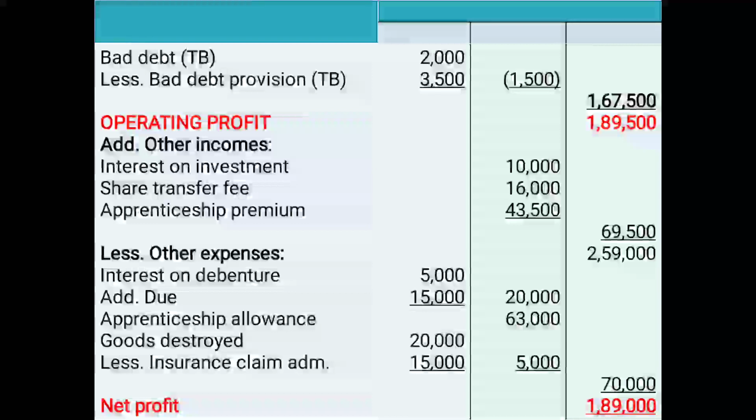So at this moment actual goods destroyed loss is taka 5,000, written in the middle column. Now total other expenses taka 70,000. This amount is to be deducted from the total amount 2,59,000. Now we get the actual net profit of taka 1,89,000.